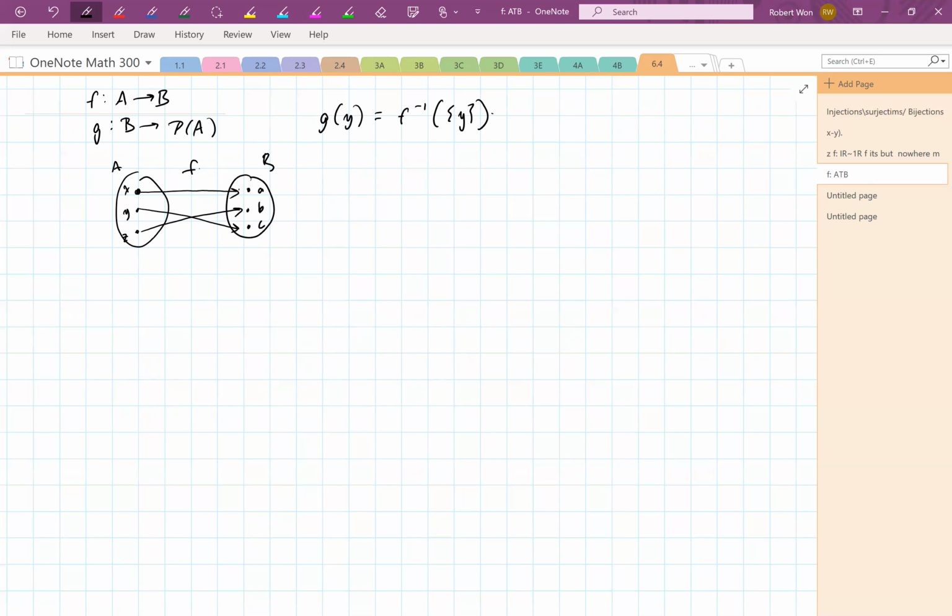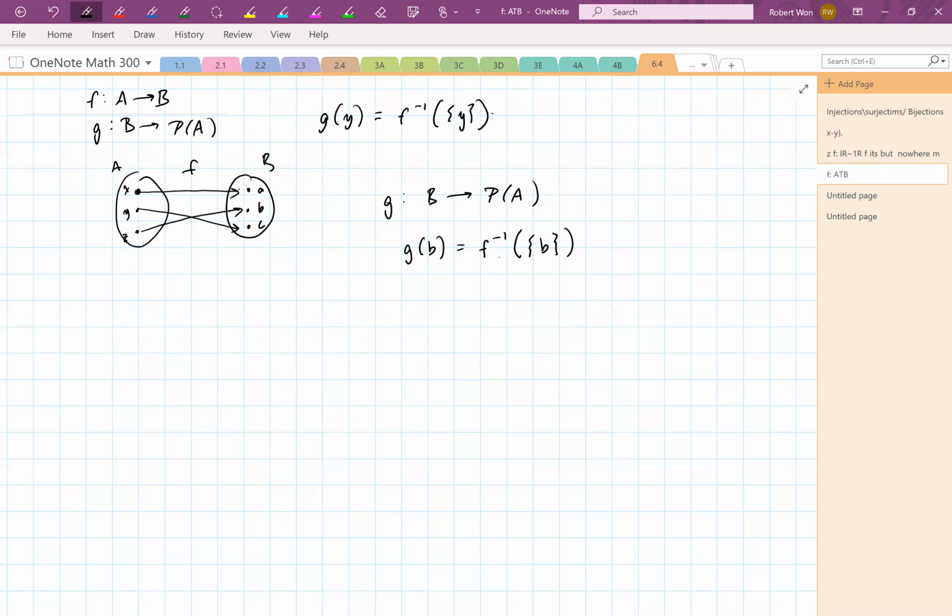So what is g? g is the function from B to the power set of A. That means you need to be able to plug in every single element of B into your function g. So what does it give you? g of b here is defined to be the pre-image of the set b. That's by the definition of the function g. And what is the pre-image?